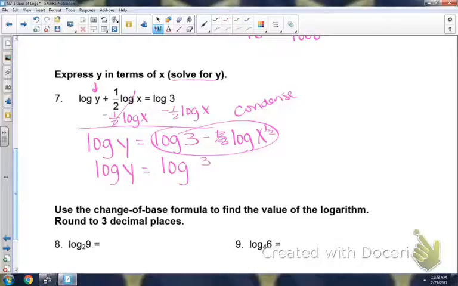So 3 divided by, we have x to the 1/2, which means square root of x. So notice now, since we have a log that equals another log, we know y has to equal 3 over square root of x. So I just wanted you to get y by itself.